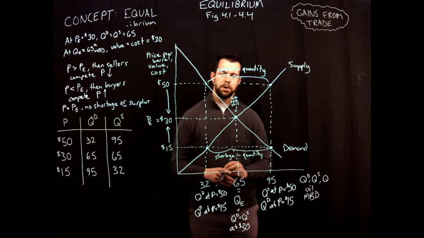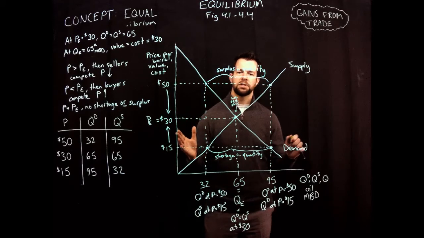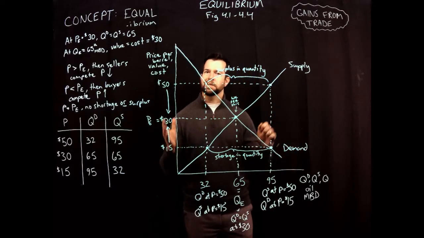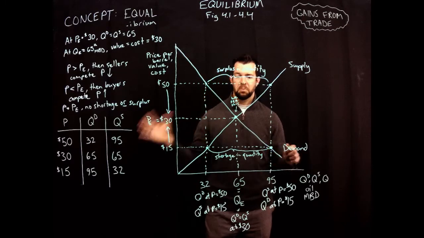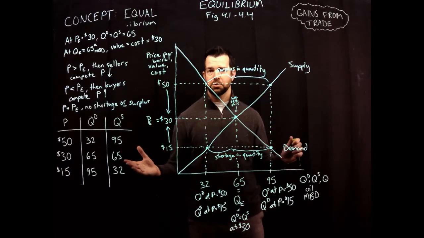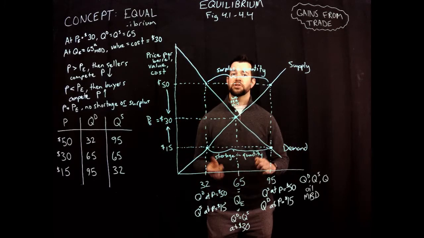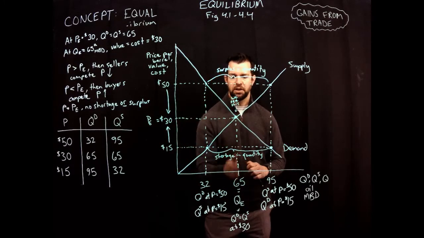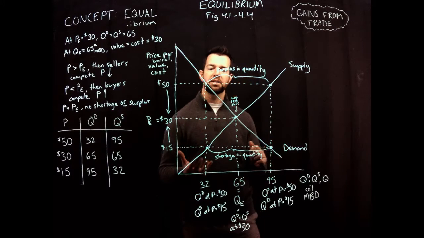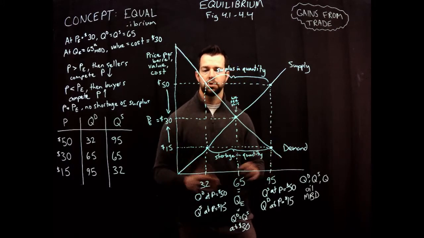All right, so the big challenge is, how do we see this on the graph? Okay, so the main concept is, if we produce too little, we have unrealized gains from trade. If we produce too much, we're going to waste resources. So only that Goldilocks amount, that equilibrium quantity, is going to maximize the gains from trade without wasting resources.